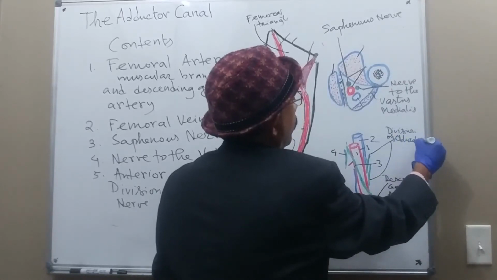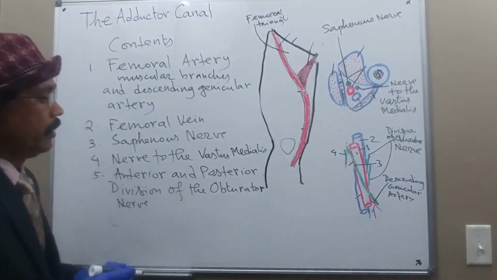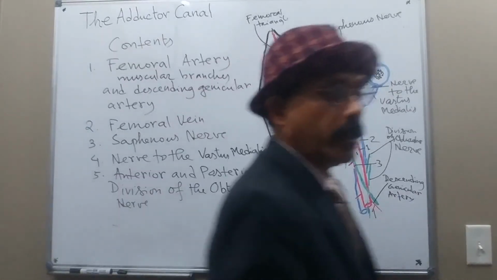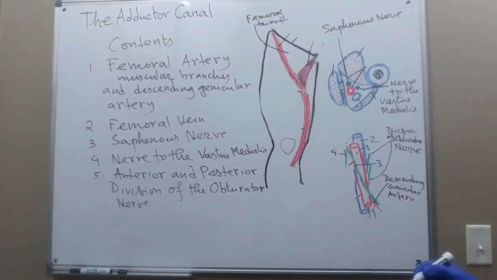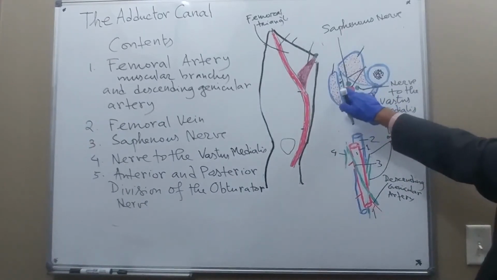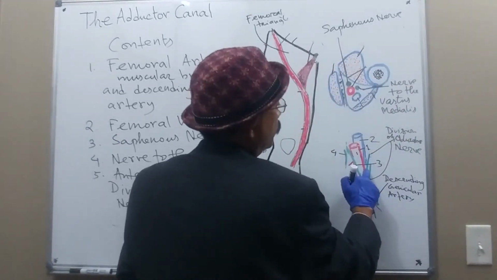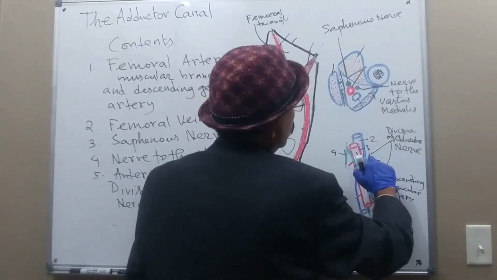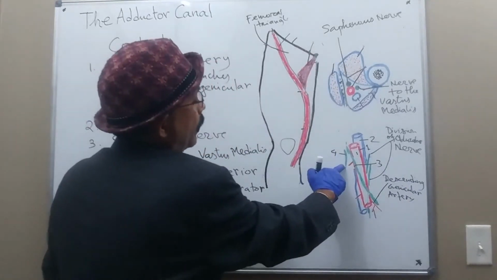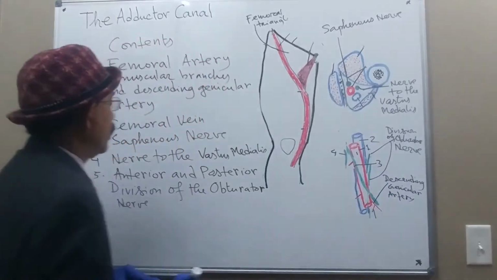Okay, we got the anterior and posterior division of the obturator nerve. So these are the contents of the adductor canal: femoral artery, femoral vein, saphenous nerve, nerve to the vastus medialis, anterior and posterior division of the obturator nerve, and the descending genicular branch of the femoral artery.